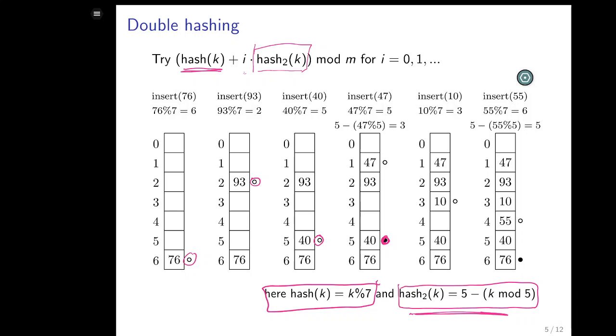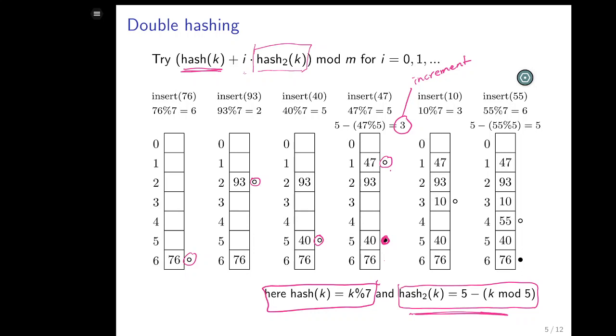The secondary hash function applied to 47 is 5 minus 47 mod 5, which is 3. So that's the increment. And so we go, okay, 1, 2, 3. There we are, and we found the place to put this item on the second try. Or the 1th try, because there's the 0th try. Got it?